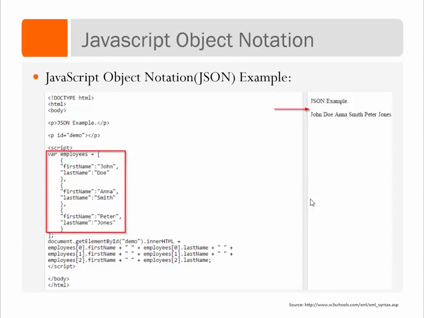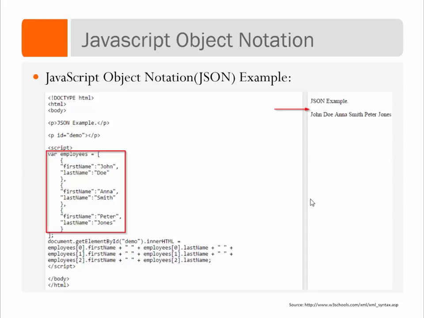Now, another look at that example in basically HTML code. Here we have our employees, and then you'll see the square bracket begins after the equal sign. Then you see the curly bracket on the next line, first name, last name, closing curly bracket, comma.